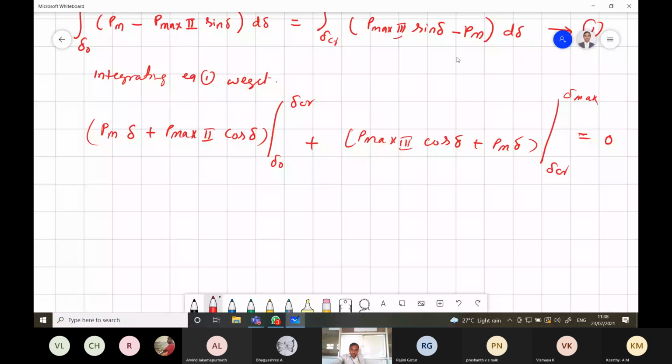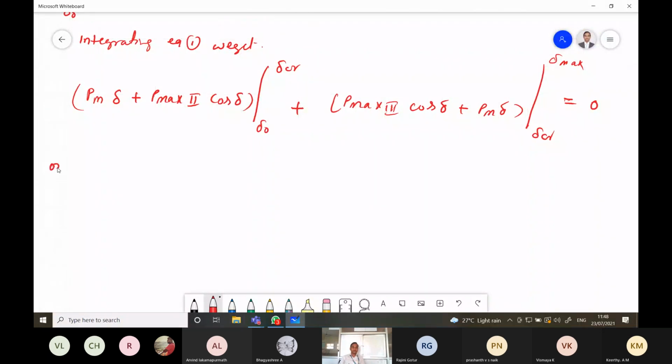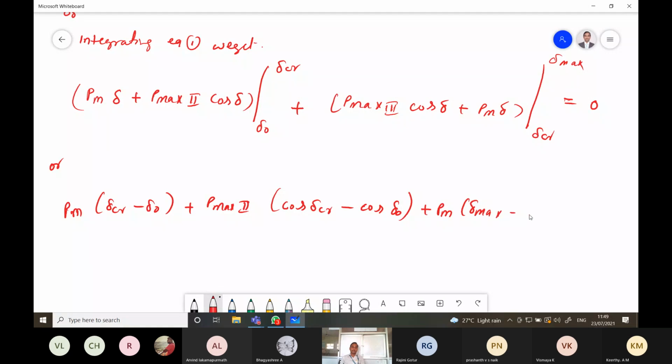Or we can write it as Pm into (delta Cr minus delta naught) plus P max 2 into (cos of delta Cr minus cos of delta naught) plus Pm into (delta max minus delta Cr) plus P max 3 into (cos of delta max minus cos of delta Cr) equal to 0.